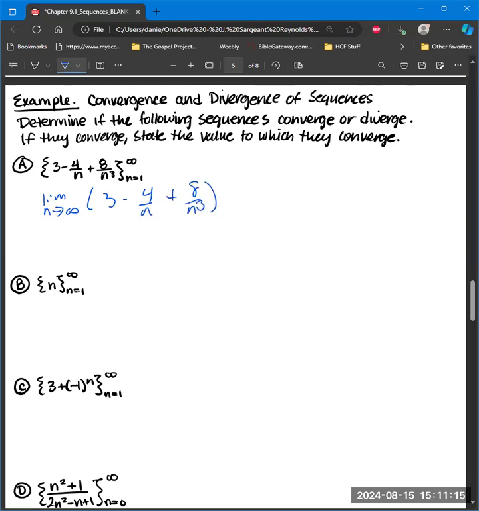We did this in chapter 4 when we were doing Riemann sums. We said anytime that we had an n to the power of something in the denominator here, that these terms were going to go to 0. And we were left with 3 plus 0 equals 3. So it converges.